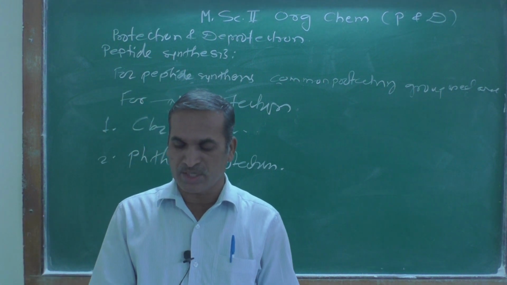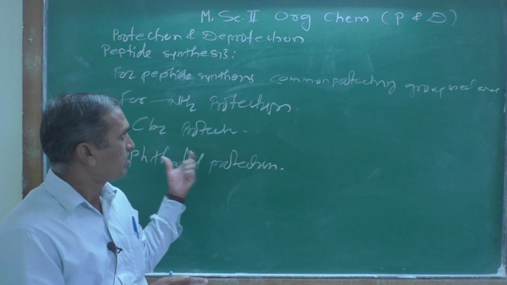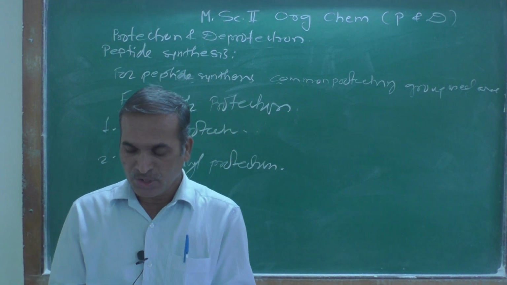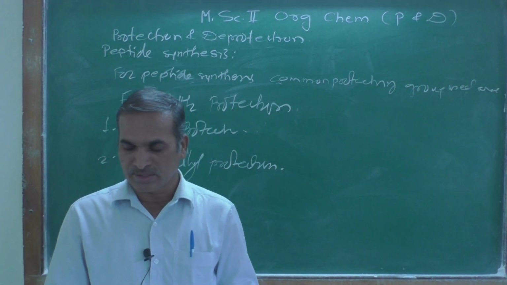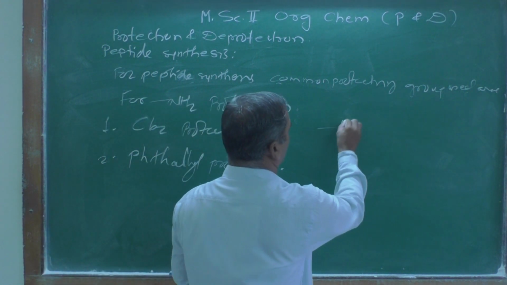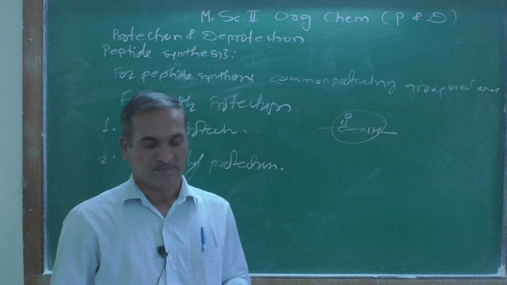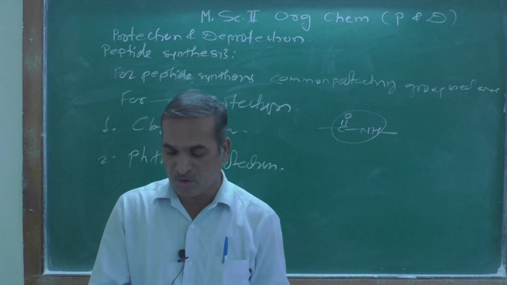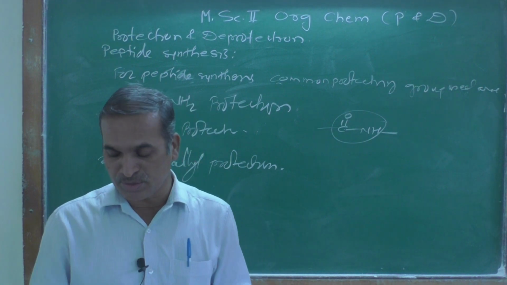Amide protection is not used in amino acids because deprotection needs vigorous acid or base hydrolysis that may cleave the peptide bond. As we know, the peptide bond is C double bond O NH. If strong acid or base hydrolyzes, that may cleave the peptide bond, hence it is never used for protection of the NH2 group.